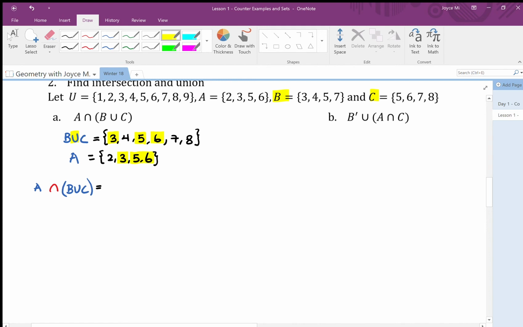So my intersection is 3, 5, 6, and that will be my final answer.